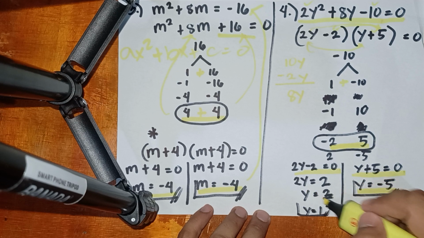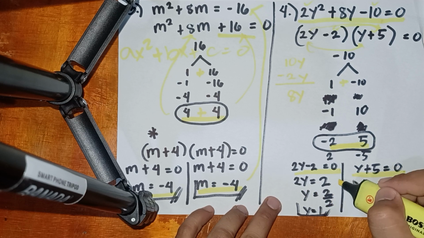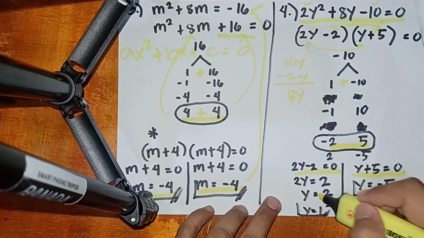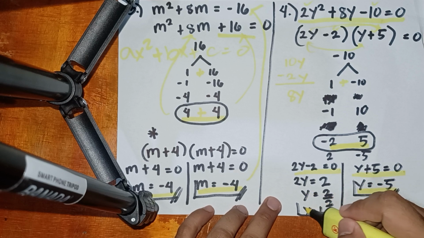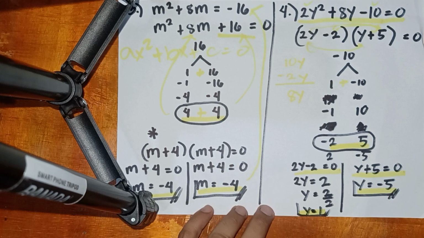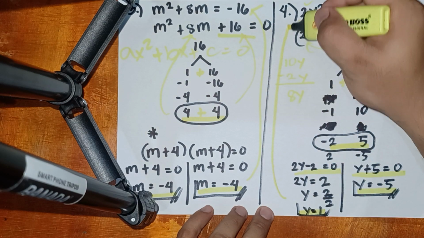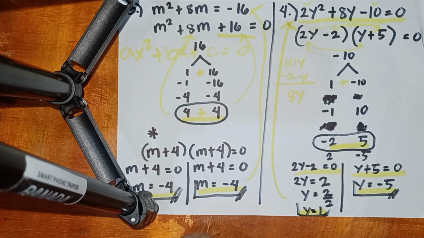So all you need to do is to divide it to the constant 2 at the other side. So that would be y is equals to 2 over 2, and that would be 1. So same thing applies. You just need to substitute the value of y to the original equation for you to check your answer.